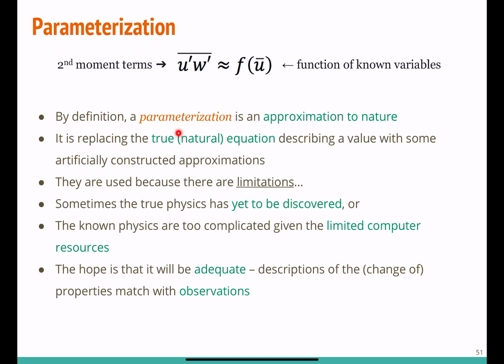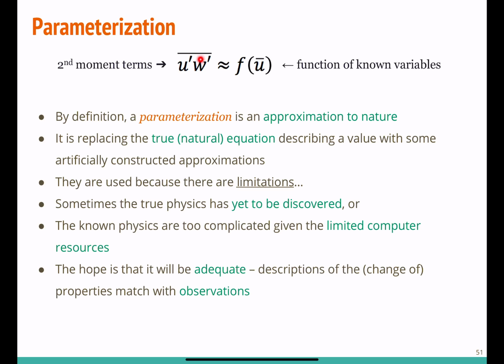So the basic idea of parameterization is actually an approximation to nature. So we use the profile of the mean wind to guess the situation of the turbulence. And it actually replaces the true equation, because we do have the mathematical representation for the change of this term over time, right? But we're not using that.